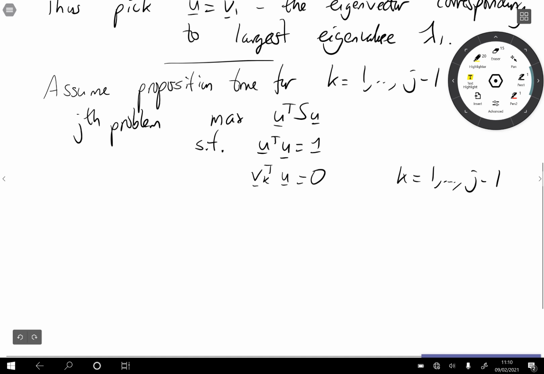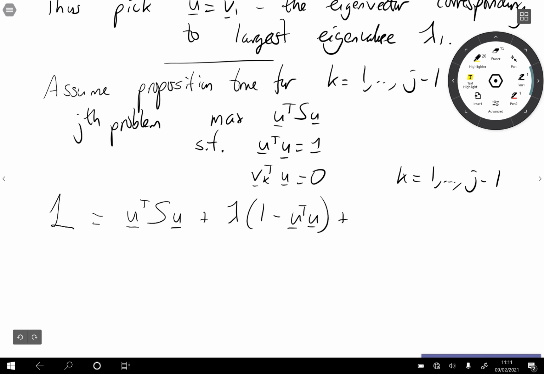So let's do what we did before. Let's set up our Lagrangian. So that's going to be the objective that we're really interested in, which is u transposed S u, as before, plus, again, some variable lambda times 1 minus u transposed u, plus this time we've got j minus 1 other constraints, so we need to include them as well.